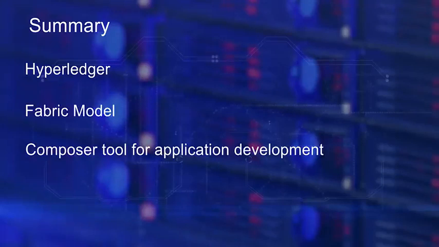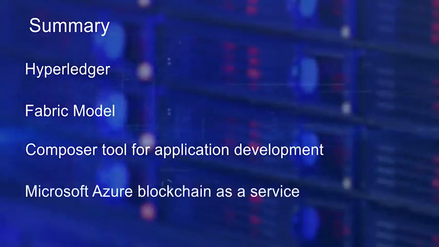We then illustrated application development using the Composer tool. We also reviewed briefly the contribution of Microsoft to the blockchain revolution in the form of blockchain as a service. It is quite obvious that there's enormous interest in this emerging blockchain technology from various industries. Now is your chance to participate.